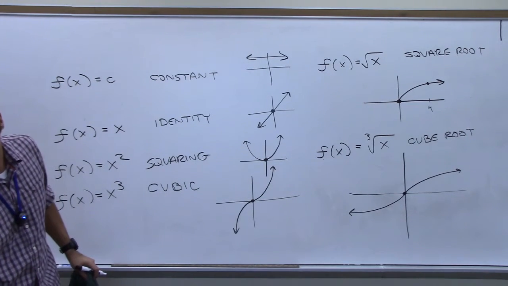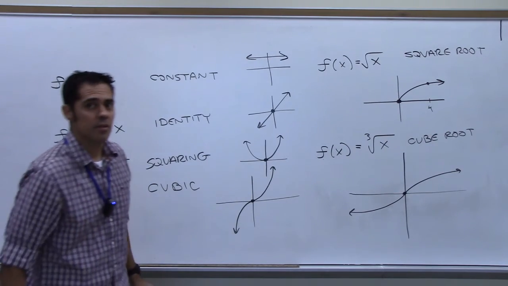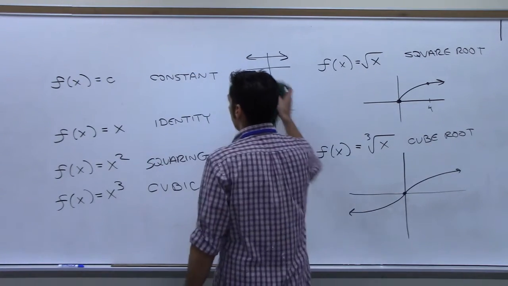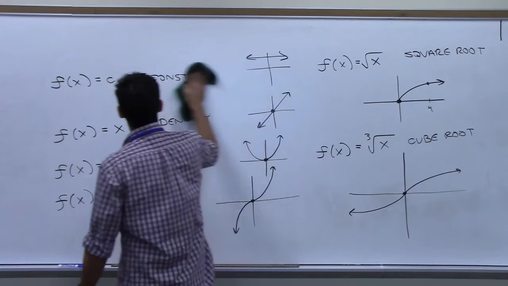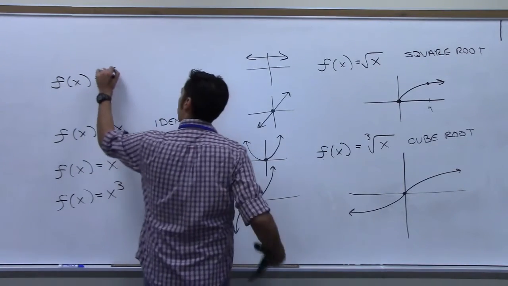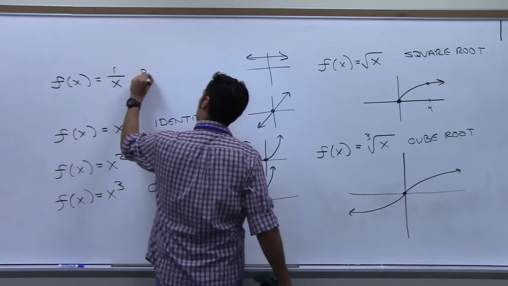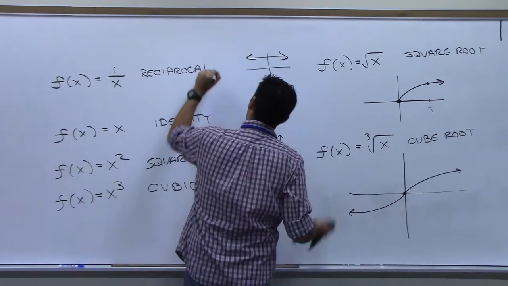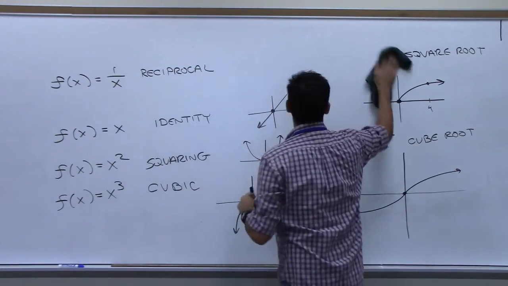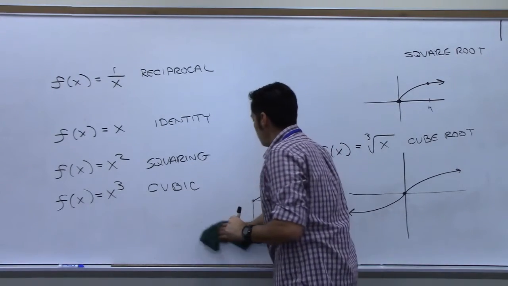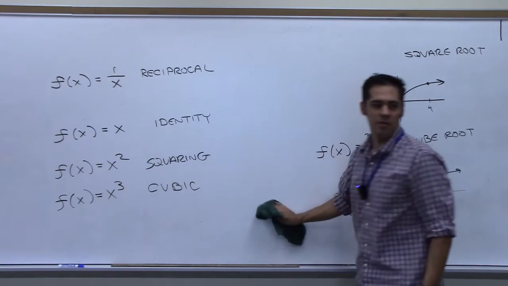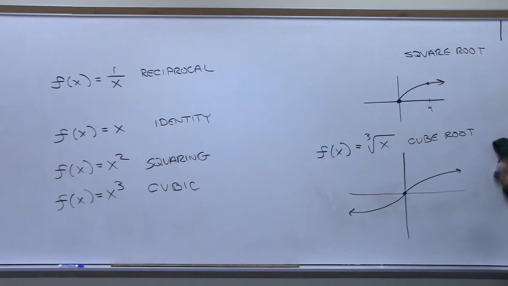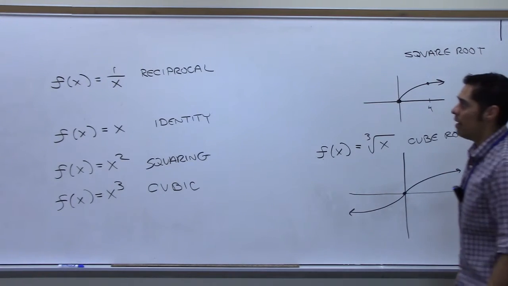One over x. That's an interesting function right there. It's called the reciprocal function. Interesting functions that we really study in depth in algebra classes or even calculus classes. 1 over x.